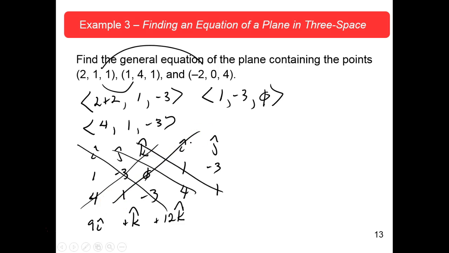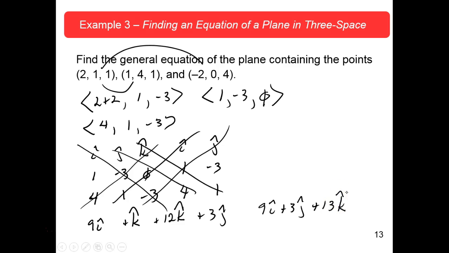This would be 0i, and this would be 3j, plus 3j. Now combine those together and you get 9i plus 3j plus 13k, if I did it right.